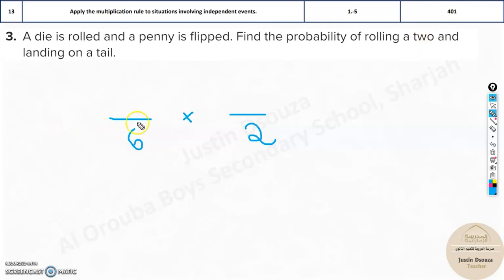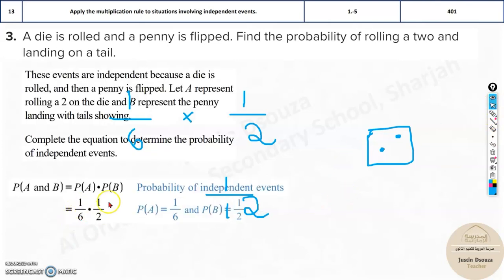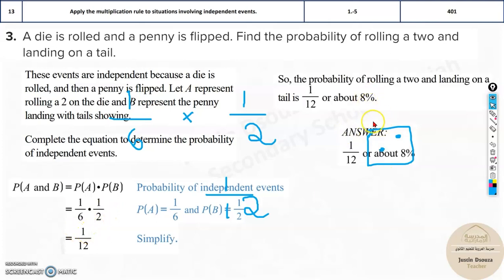Only one face will be 2, so only one possibility, isn't it? And a tail, that is again 1. So 1 by 6 multiplied by 1 by 2 is 1 by 12, or about 8% chance.